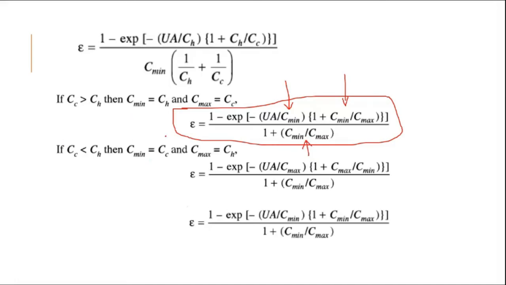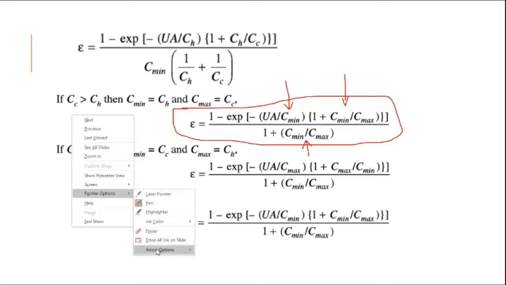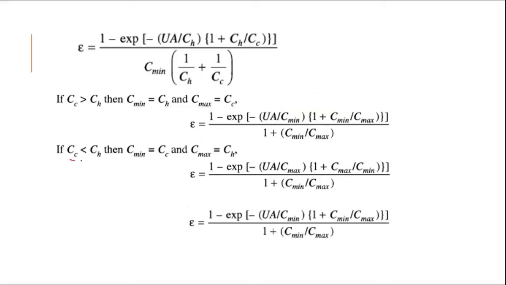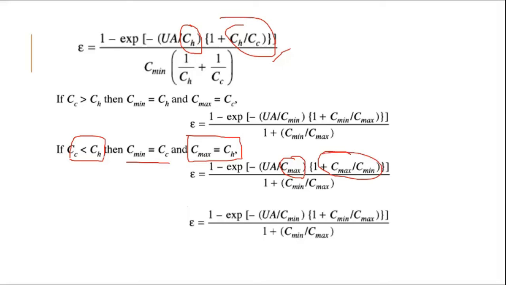We will see the second case. For the second case, the CH value is the greater value. So Cmin is equal to Cc, Cmax is equal to Ch. Substitute the values in this particular relation. So we get 1 minus exponential minus UA divided by, here what we have CH. CH is written as Cmax whole multiplied by 1 plus CH by Cc. So it becomes Cmax by Cmin.